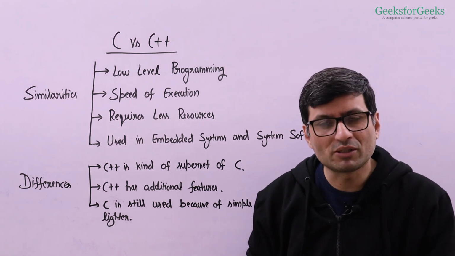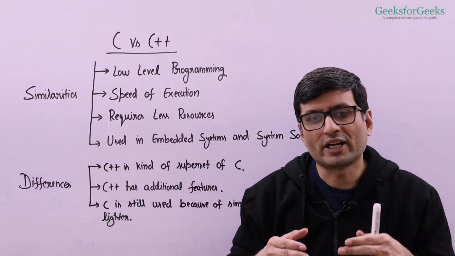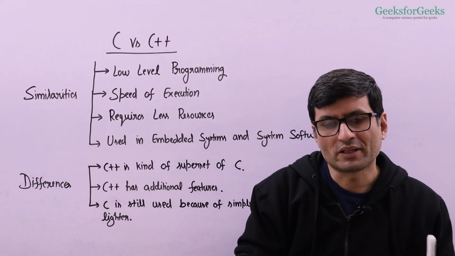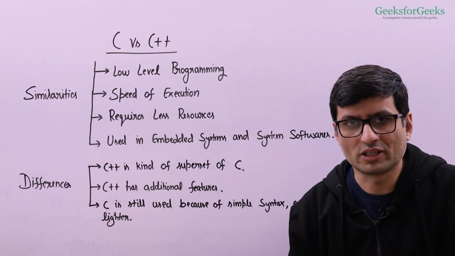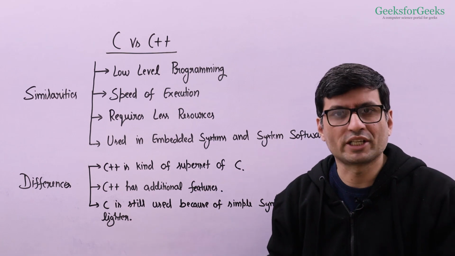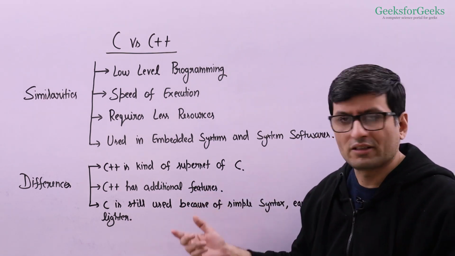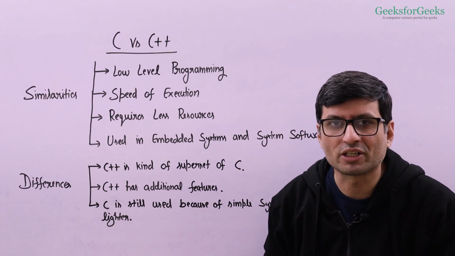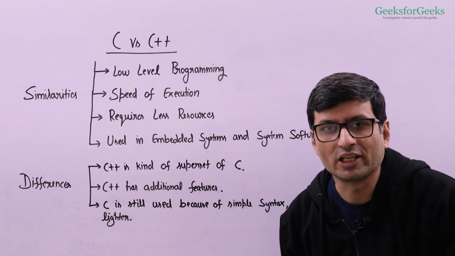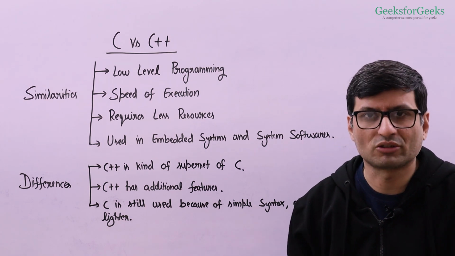C++ is a superset of C, and it is kind of backward compatible. Whenever you write a program following C style syntax, the same program most of the time works in C++ also. And C++ added additional features like object-oriented programming, exception handling, and templates, which are great features when you are building slightly larger software.